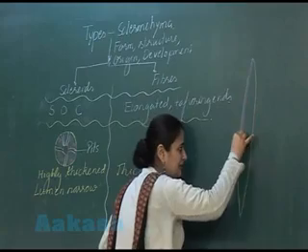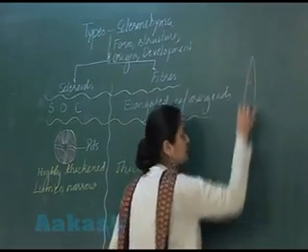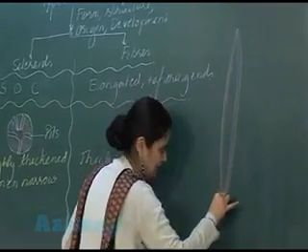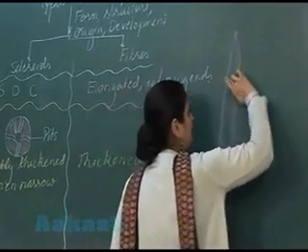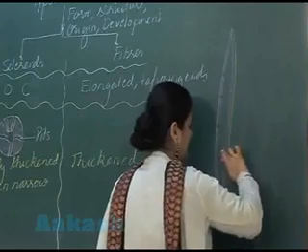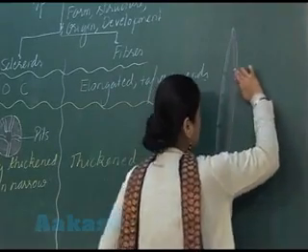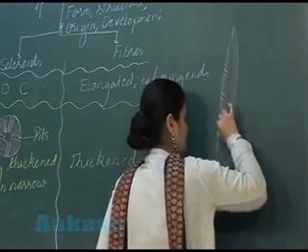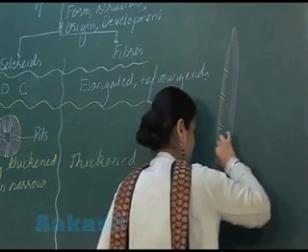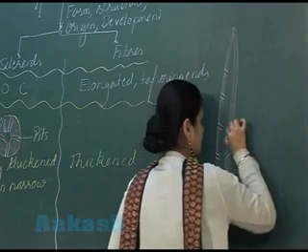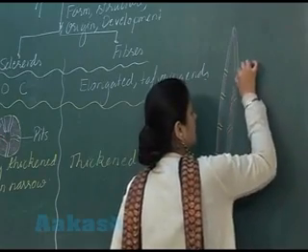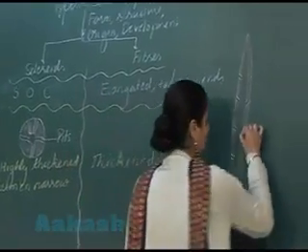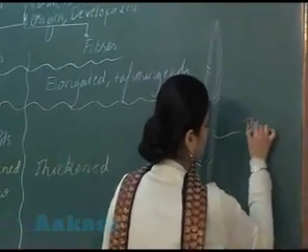You can see this thickening, made up of which chemical? Lignin. And again there are certain areas where the thickening is absent. Again, what are you going to call them? They are known as pits.